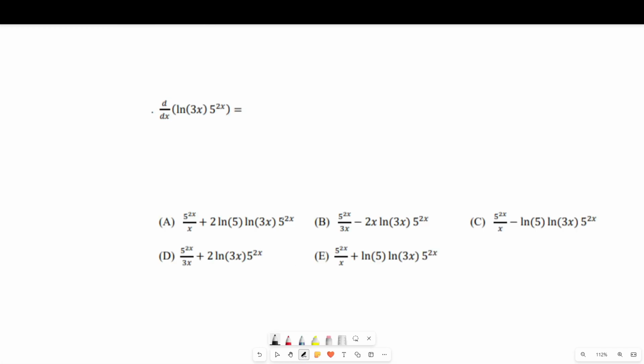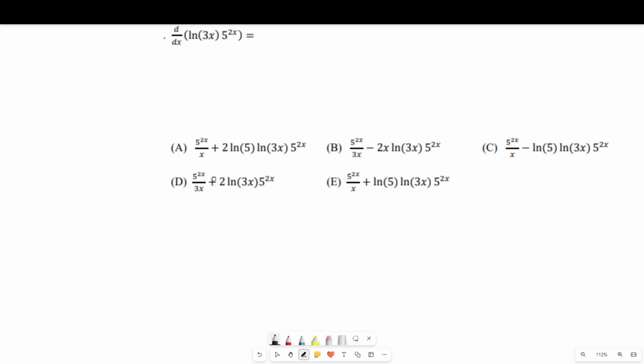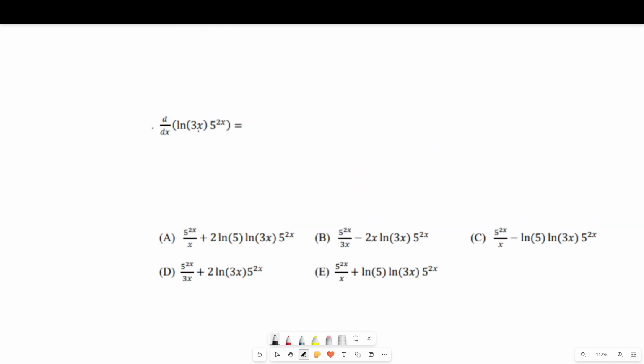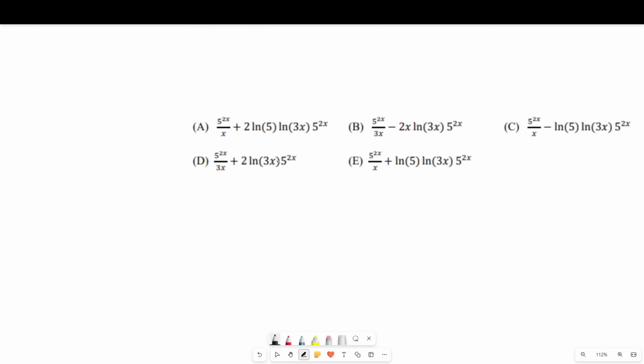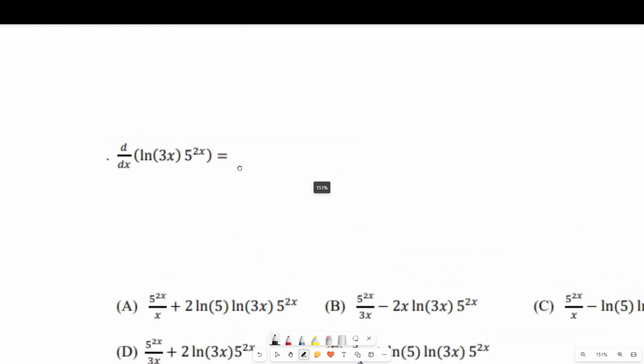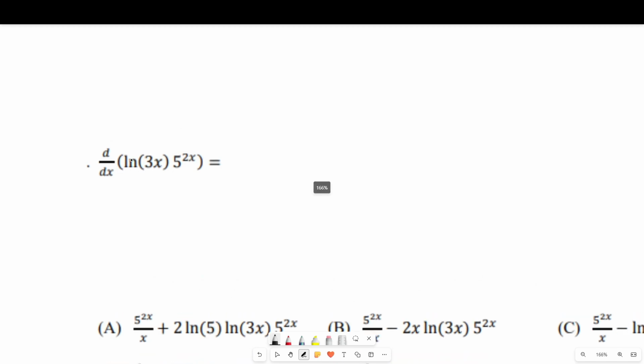So for the final question for 3.5, it's going to be the derivative of ln 3x times 5 to the 2x. And I know it's going to be product rule because I have two functions being multiplied together. So I'm going to do that. I'm just going to write it above right here. So I'm going to take the derivative of ln 3x.